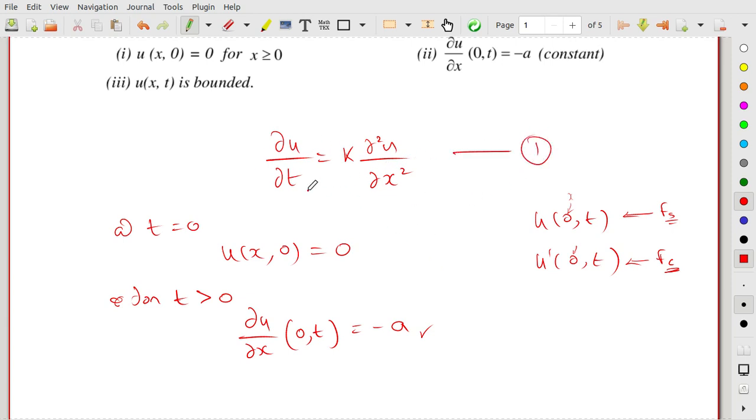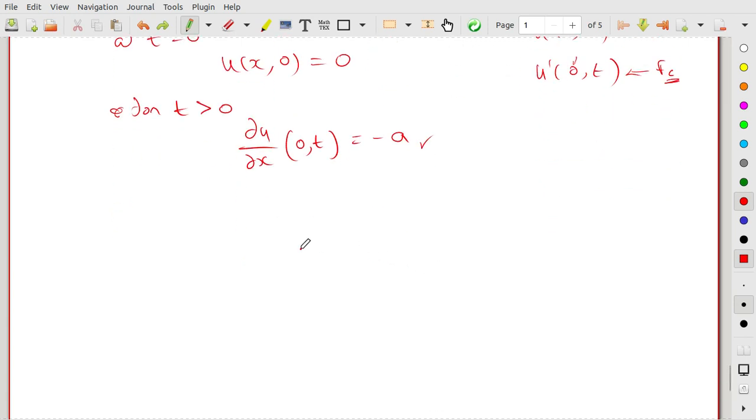Let me number this equation as 1. And let's take Fourier cosine transform on both sides of equation 1.